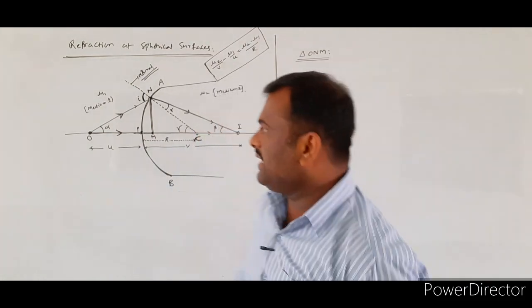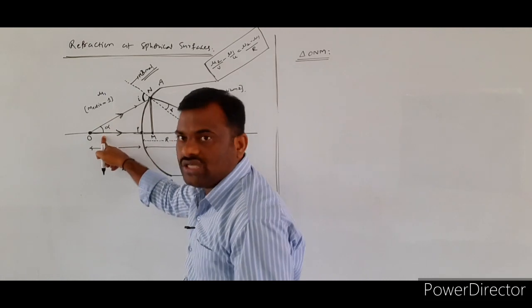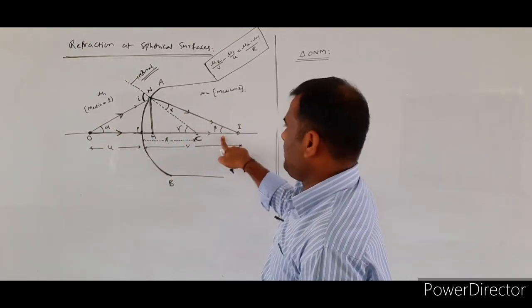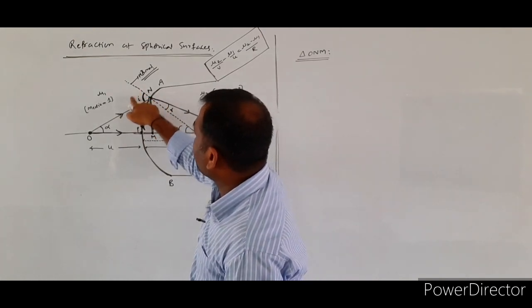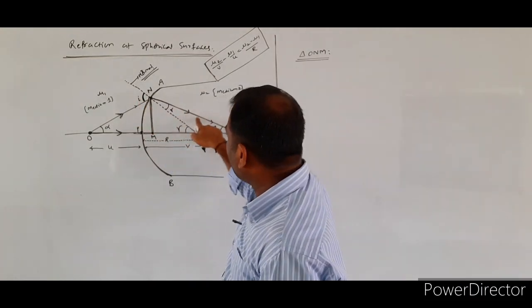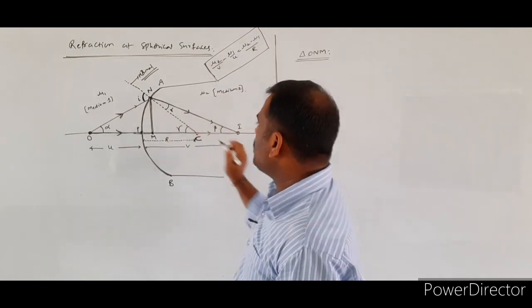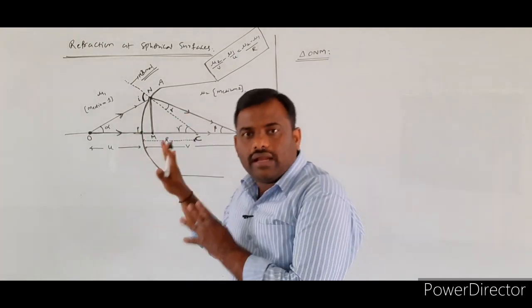The angle made by the incident light ray ON with respect to the principal axis is alpha, this angle is gamma, and this angle is beta. Already you know the angle made by the incident light ray with respect to the normal is i, and the angle made by the refracted light ray with respect to the normal is r. So these are five different angles present within the given diagram.